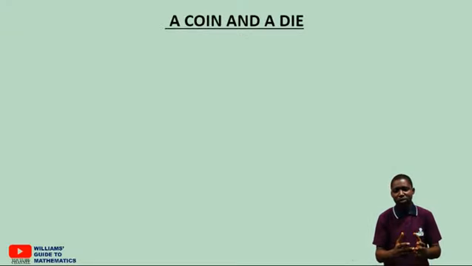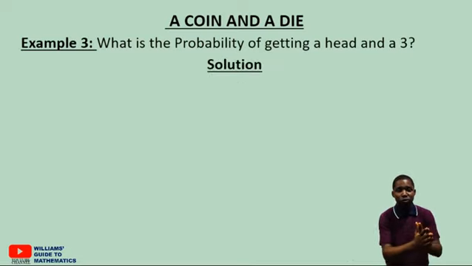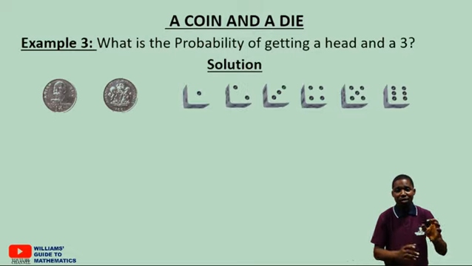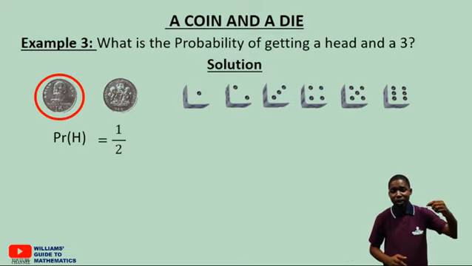Now I have talked about 2 coins. I've talked about 2 dice. I can also have a coin and a die. Let's say the question is the probability of getting a head and a 3. The probability of getting a head is 1 over 2 because the sample space for the coin is 2, and we have just 1 head.